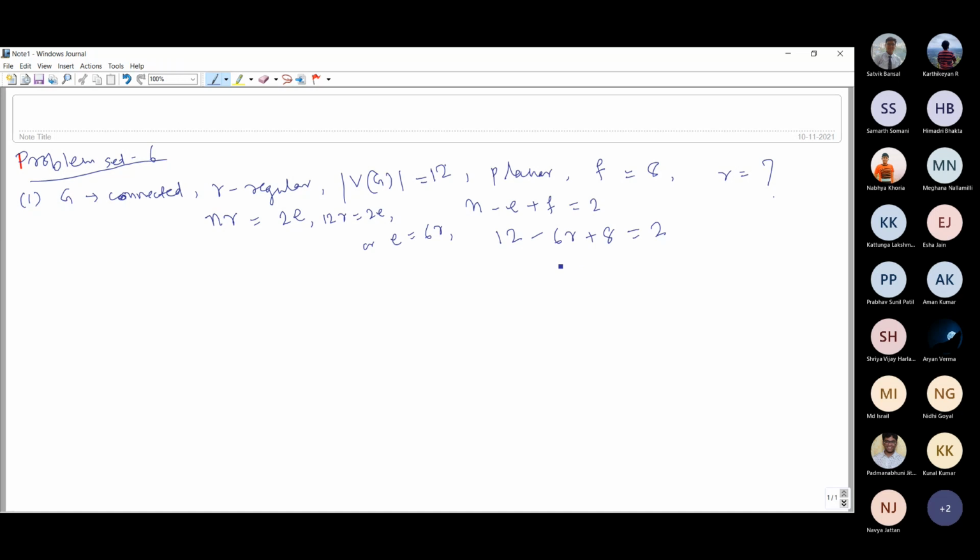So you get 6r equals 20 minus 2, which is 18, and you get r is equal to 3.